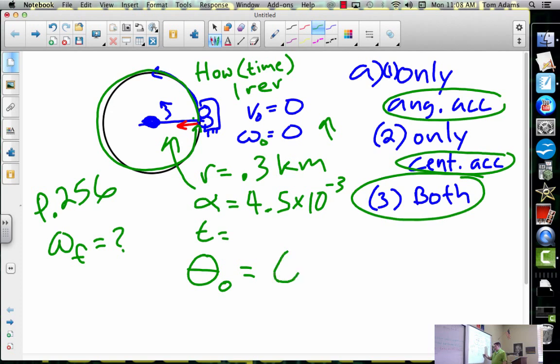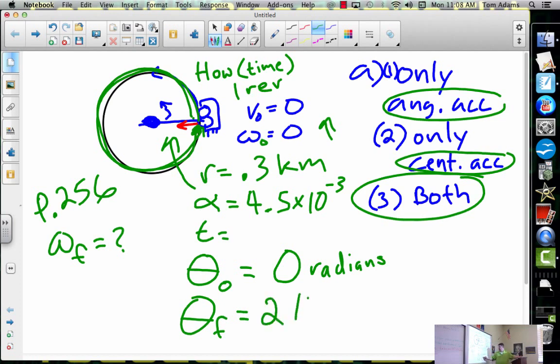Isn't that theta equals 0 radians? Right? That's where I started. And then as I rotated around, how many degrees or radians did I rotate around? 360, but we want it in radians, so what's 360 in radians? 2 pi. Hey, do I know that? Apparently I do. Apparently you do too, right?